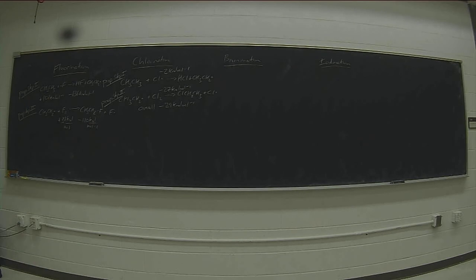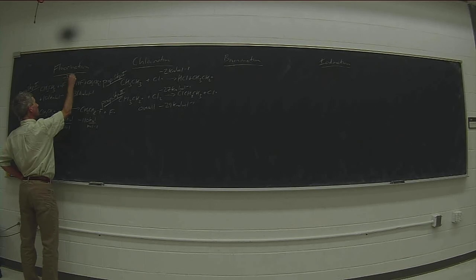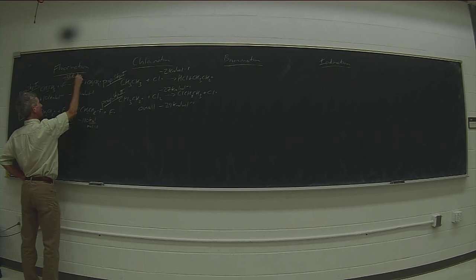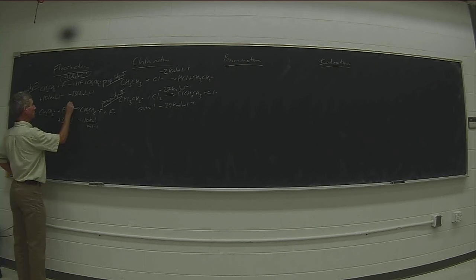So we can calculate the enthalpy of each of those reactions the same way we did before. This one is exothermic by 35 kilocalories per mole. This one is exothermic by 62 plus 10, 72 kilocalories per mole.